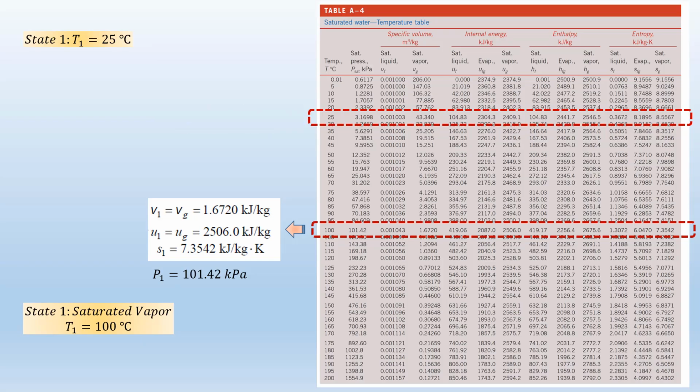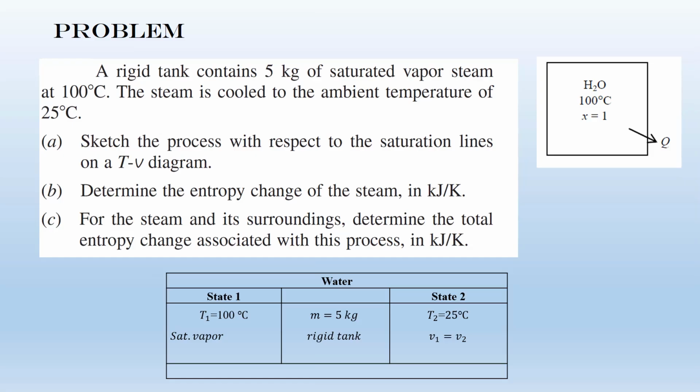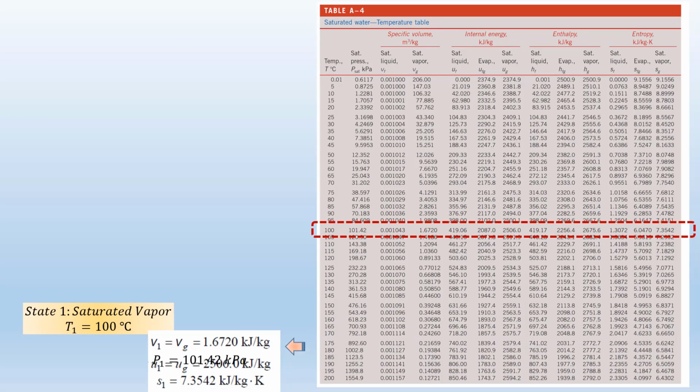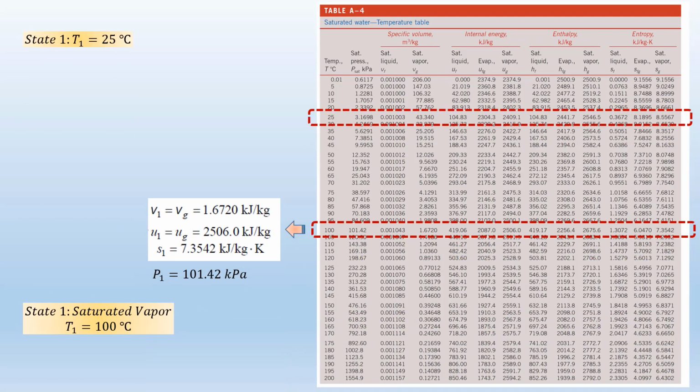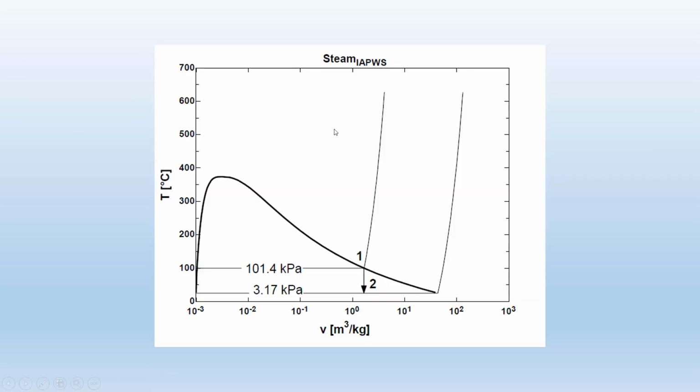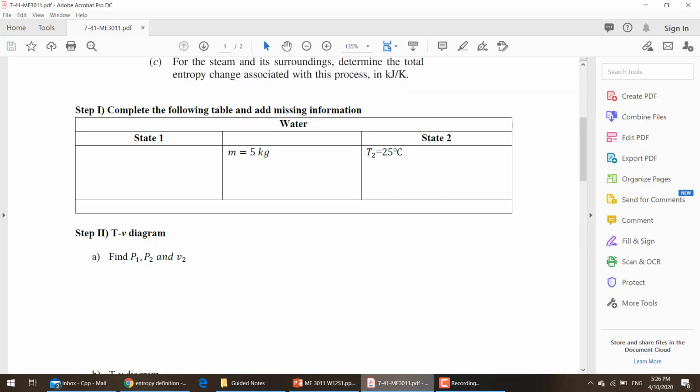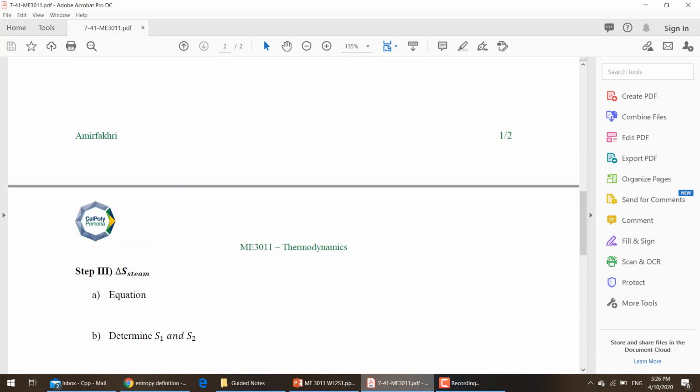For the second part, you were asked to determine the entropy change of the system. What is the entropy change of the system? You were asked to find the ΔS for the system. So for this part, you sketch the T-ν diagram.